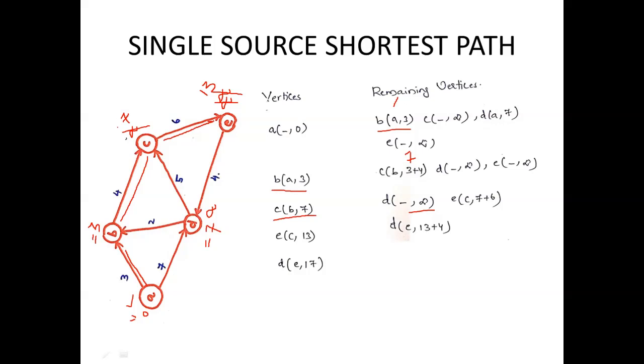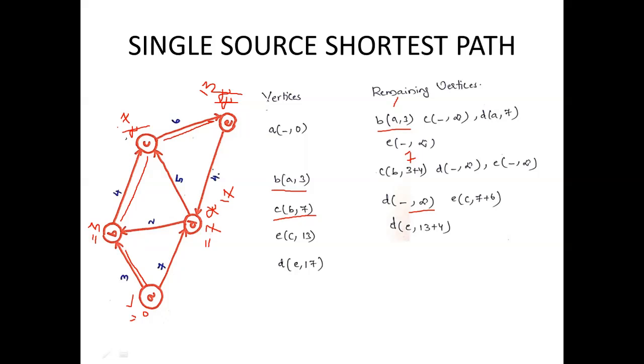After this, all these vertices are visited, like A, B, C and E. And as of now, D is not visited. Now I can see from E to D, and here the weight is 13. So now this weight is added, and this infinity is going to change to 13 plus 4, that is 17.